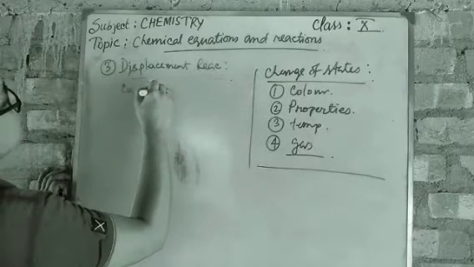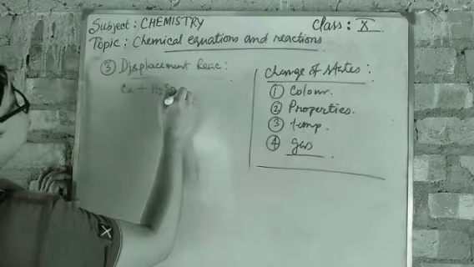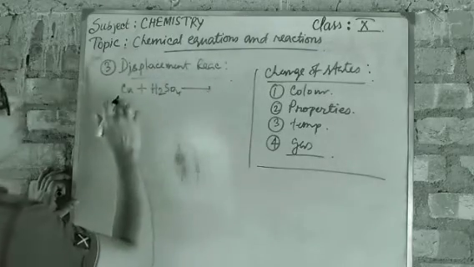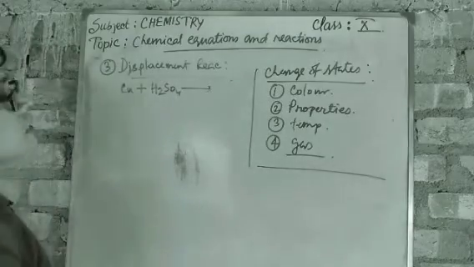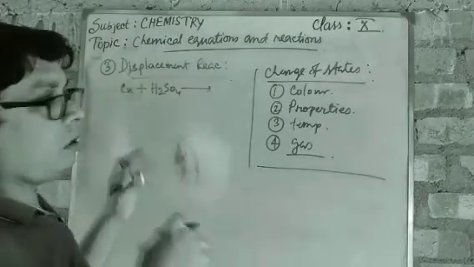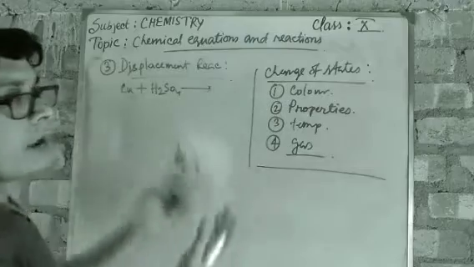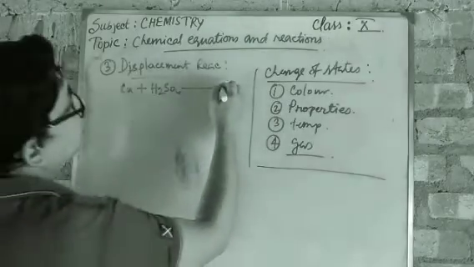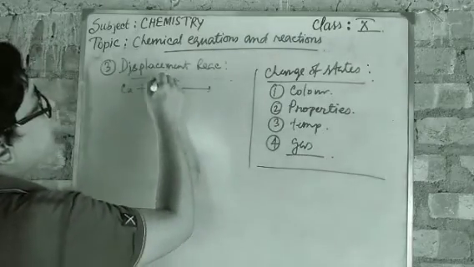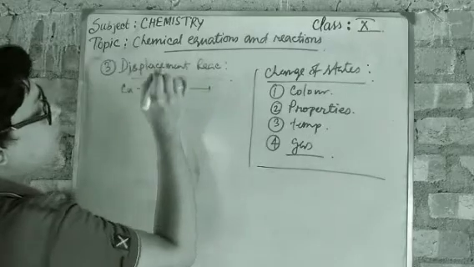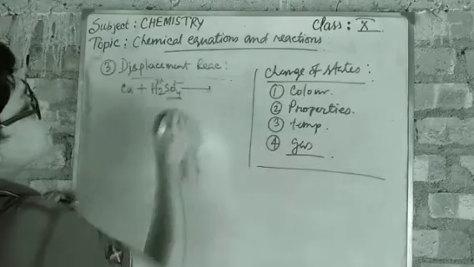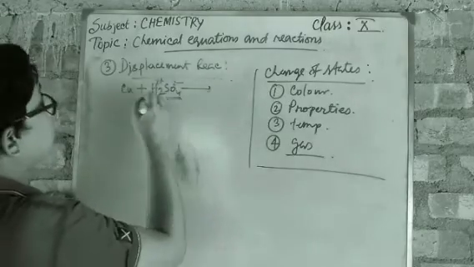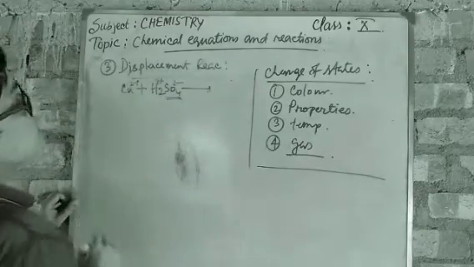Cu plus H2SO4. What have I taken? I have taken copper and sulfuric acid. When I take copper and sulfuric acid in any medium and they react together, what will happen? H2 plus and SO4 2 minus. This SO4 2 minus, this anion, will be added with this Cu2 plus.